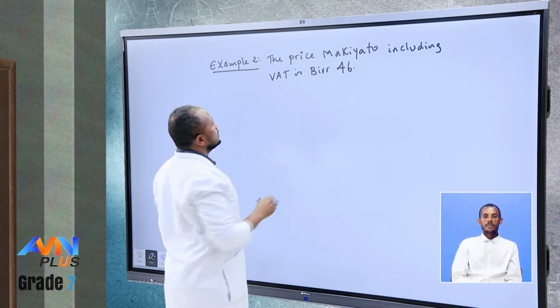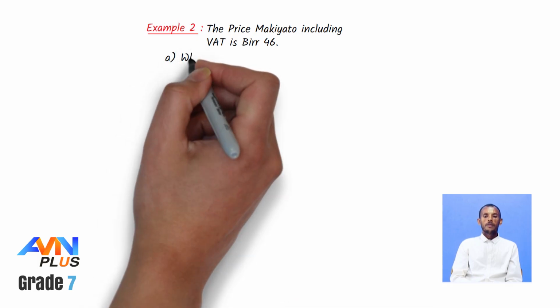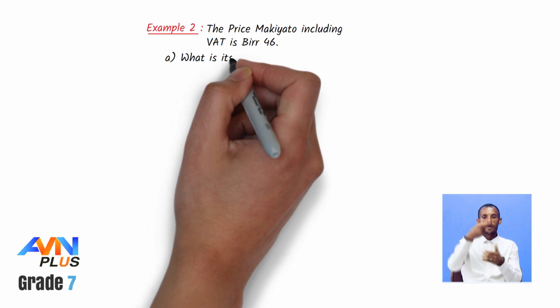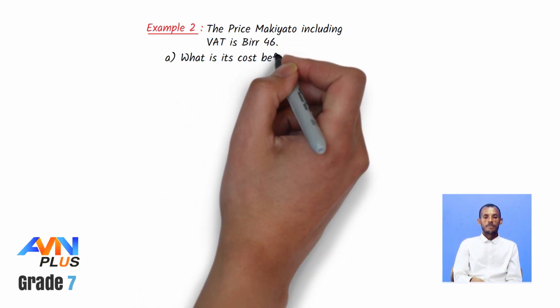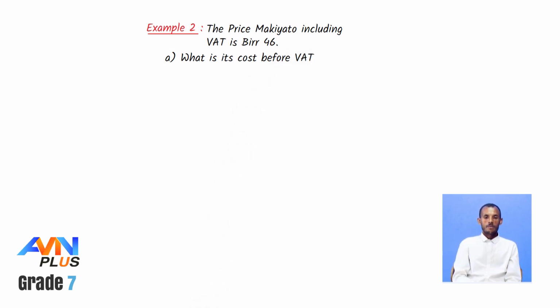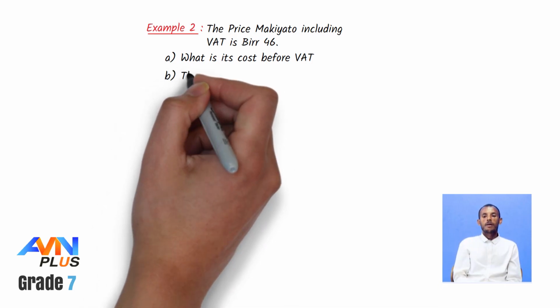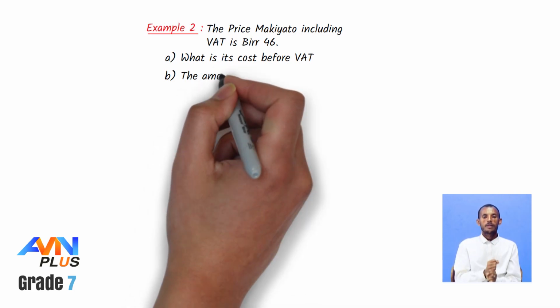So the question is, first find the cost before VAT, and calculate the amount of VAT.